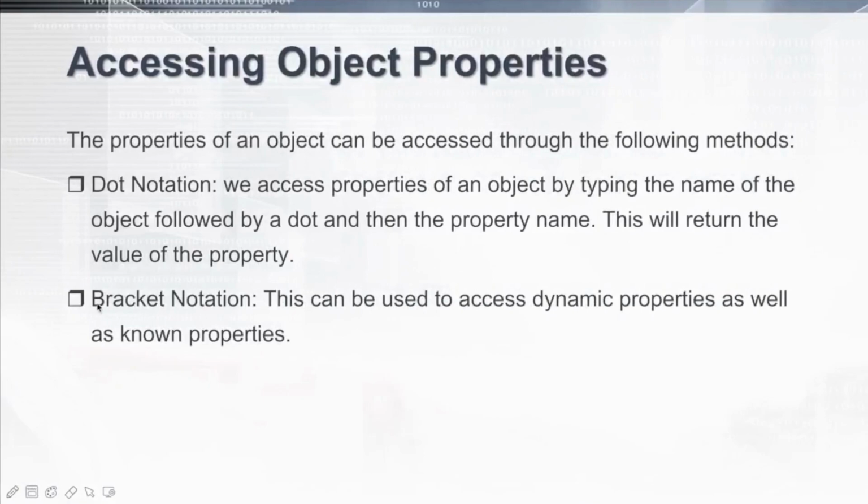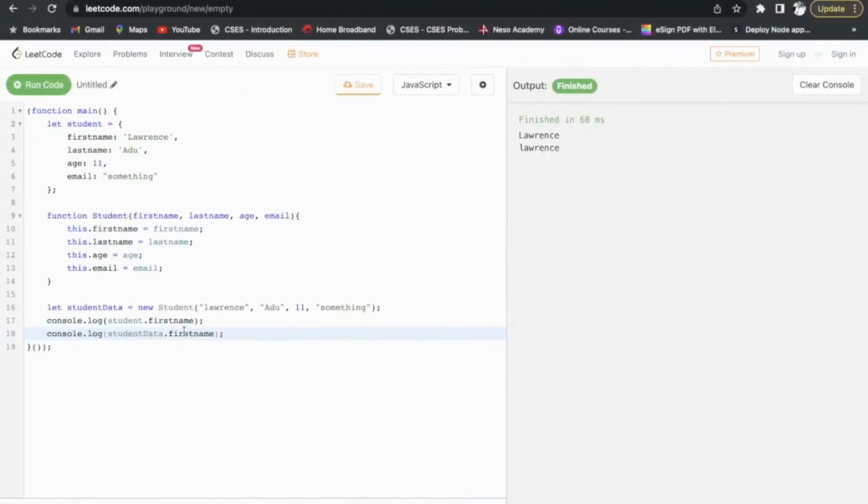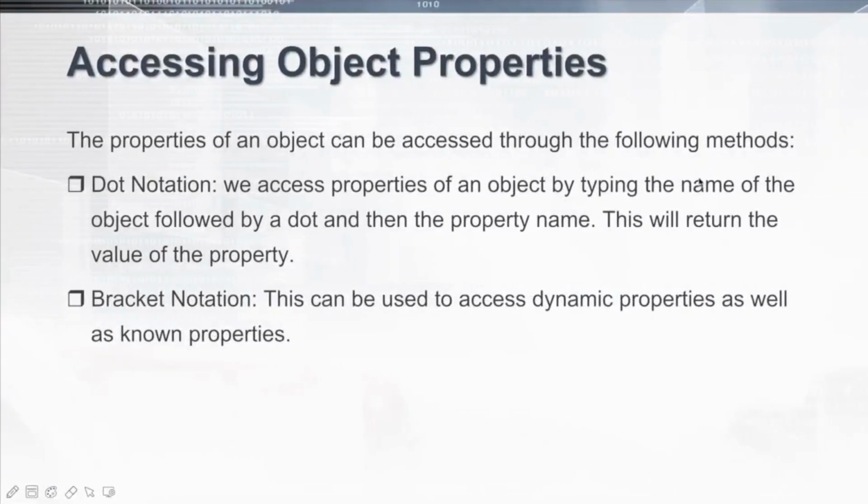The second method is the bracket notation. This can be used to access dynamic properties. In situations where the property was dynamically created, you will have to use the bracket notation to access the properties, and even known properties.